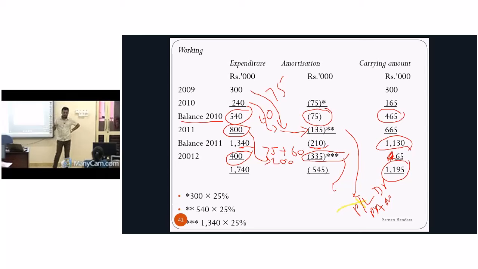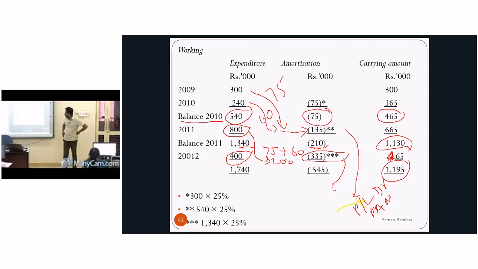If you need further, you can say it should be restated as: asset account debit 540, amortization provision credit 75, and retained earnings credit the difference, 465. It is not essential anyway.